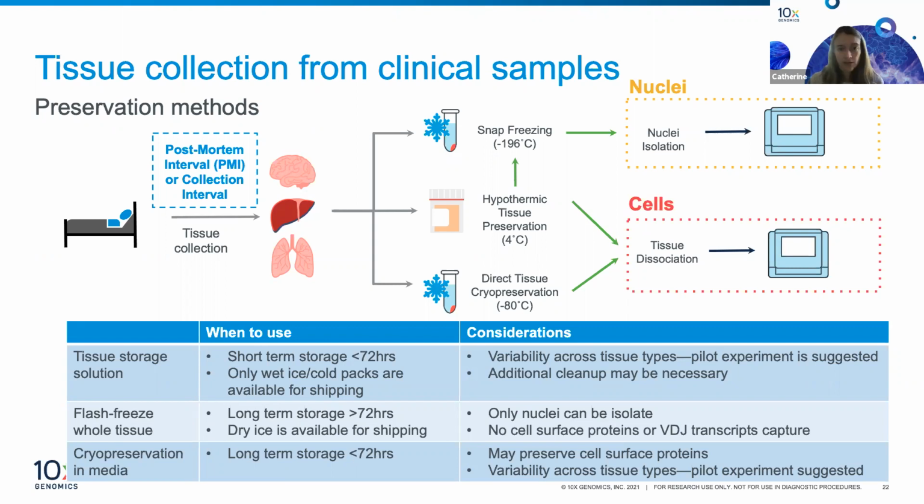This will not allow long-term storage of those tissues. Actually, it's a maximum of 72 hours of short-term storage, but this might be an option if you cannot isolate your single cells immediately but do want to work with single cell suspensions. Once you can isolate those single cells, you can go into our solution or potentially cryopreserve those single cells as well.